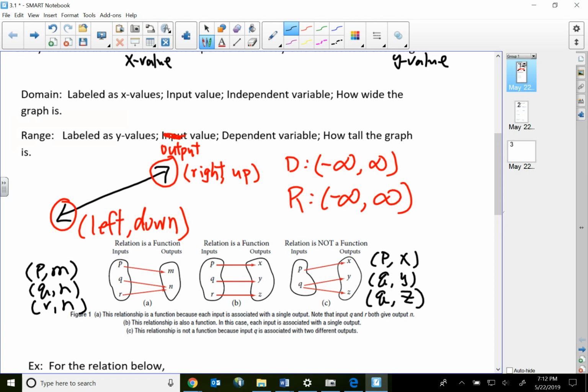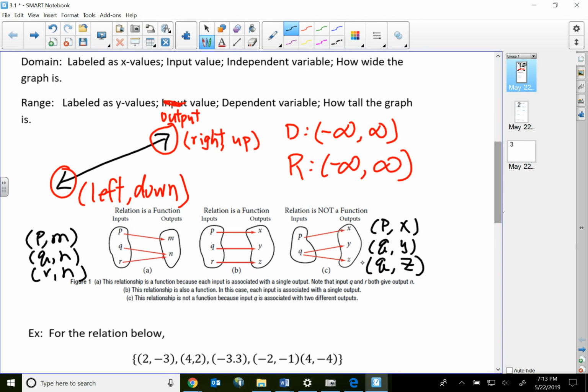Every different x can only correspond to one y value. So you see the Q and the R are two different x values. As long as every different x value corresponds to a y value, it is a function. I cannot have the same x correspond to different y values.